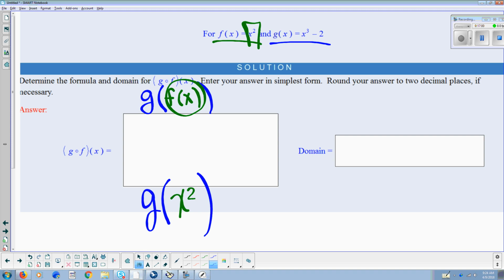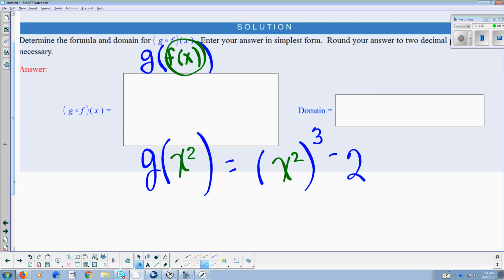Second, I will go to my g function. I will replace all my x's with x squared. So in my g function, I have x cubed minus 2, but that x is going to be replaced with x squared. So I have x squared cubed minus 2. Exponent rules. Power of power. What do I do?